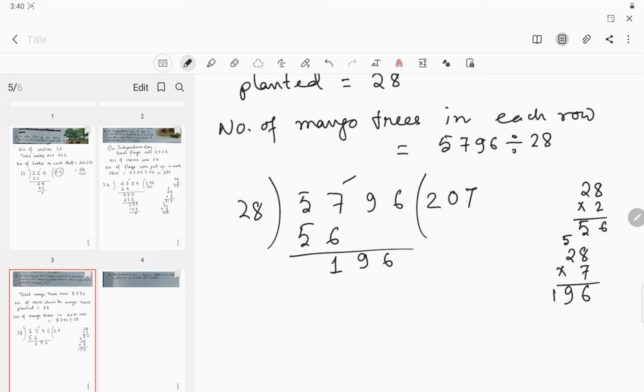So write 7 here and it will be 196. So the answer is 207. Okay, 207, that is the number of mango trees in each row is 207.